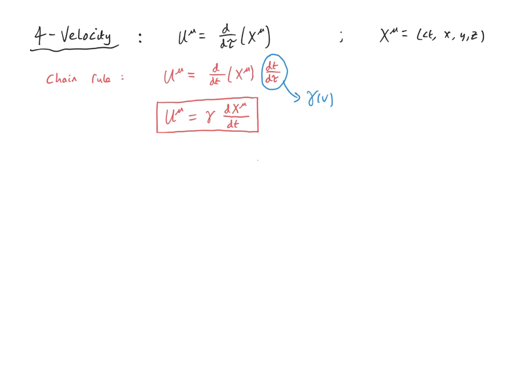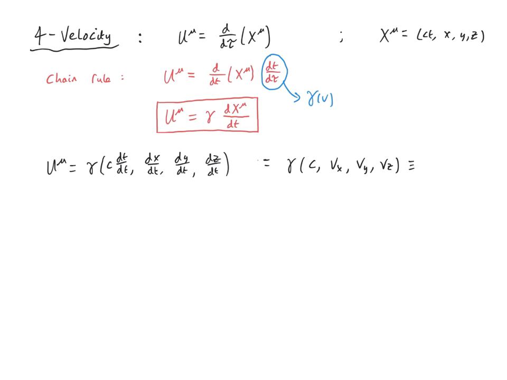So I will obtain that the contravariant four velocity u^μ is the factor gamma multiplied by c dt/dt, dx/dt, dy/dt, and dz/dt as the four components. This obviously gives gamma into c, and then simply the regular three velocity components, vx, vy, vz, along the x, y, and z directions respectively.